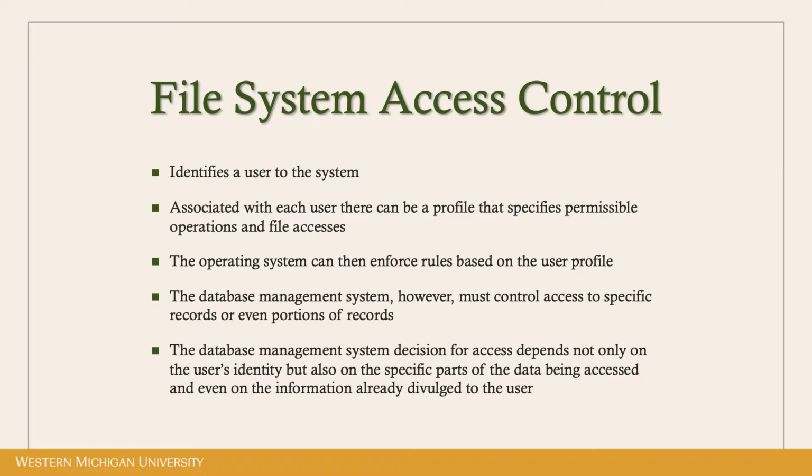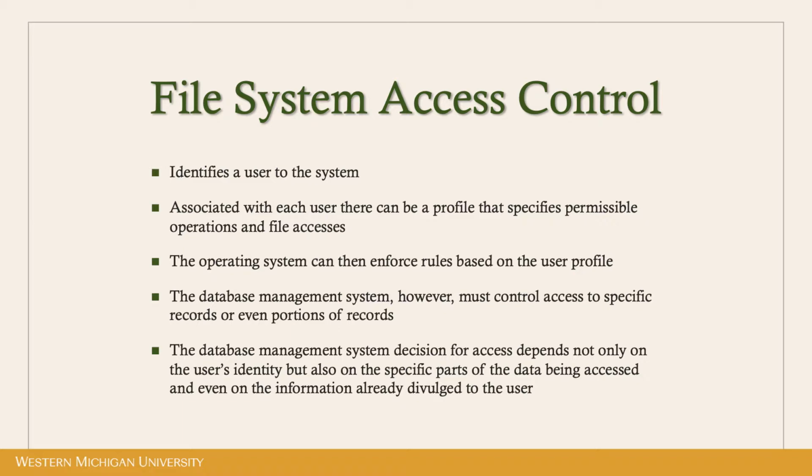The database management system, though, has to control access to specific records or even portions of records. So a database management system decision for access depends not only on the user's identity, but also on the specific parts of the data being accessed and even on information already divulged to the user.